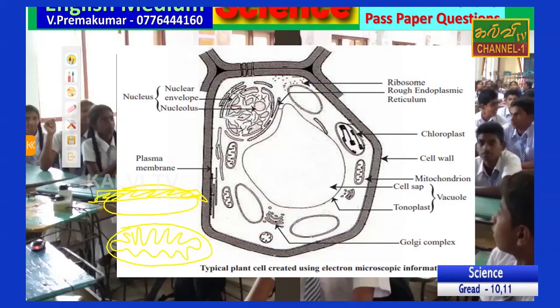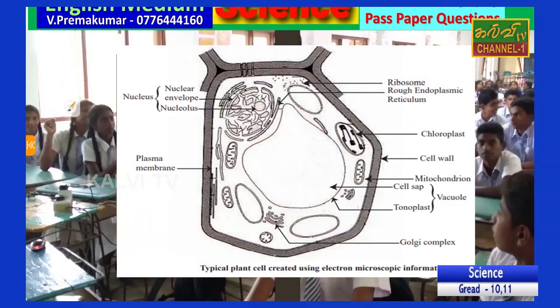We call the mitochondria a powerhouse. And the very big area I have found is the vacuole. This very big area is not available in animal cells. Sometimes small ones are found in vacuoles. And the Golgi body is also there. We can find both now.